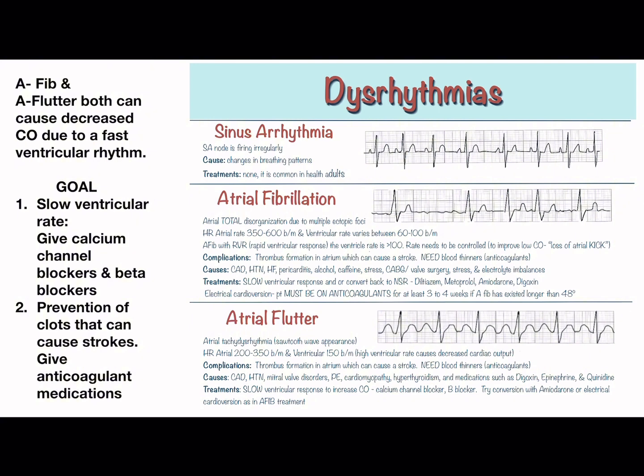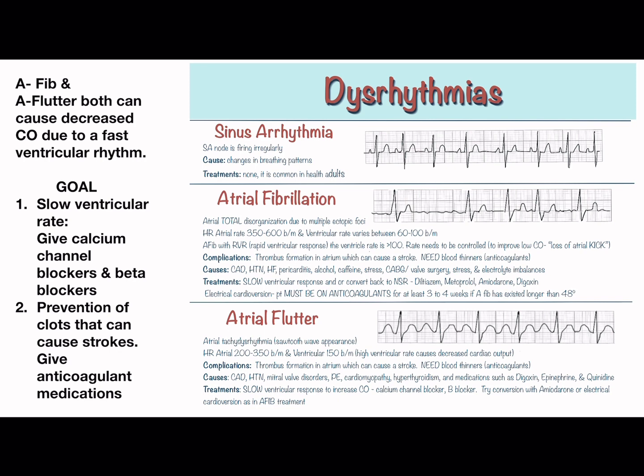So we're going to put them on a rate control. We're going to slow their ventricular rate down by giving them a calcium channel blocker like diltiazem, or a beta blocker like metoprolol, to slow their heart rate down to give that ventricle enough time to fill. The other thing we have to do is give them a blood thinner. We have to give them anticoagulants so they do not throw thrombus.